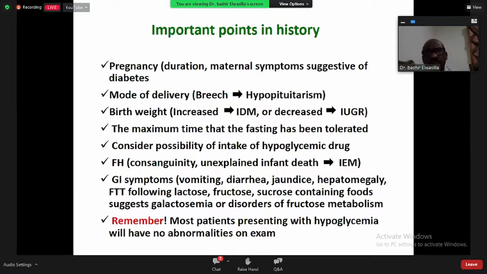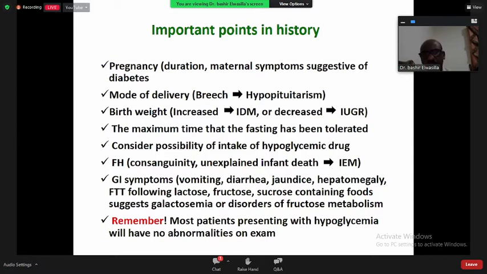The maximum time that fasting has been tolerated is a very important point, because some kids cannot tolerate a long fast, like we see in ketotic hypoglycemia, for example, and other inborn errors of metabolism like glycogen storage disease. You also have to consider the possibility of intake of hypoglycemic medication, either accidentally or non-accidentally.